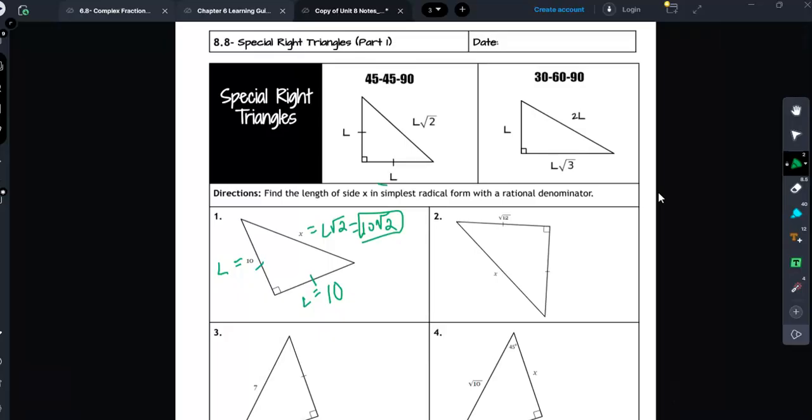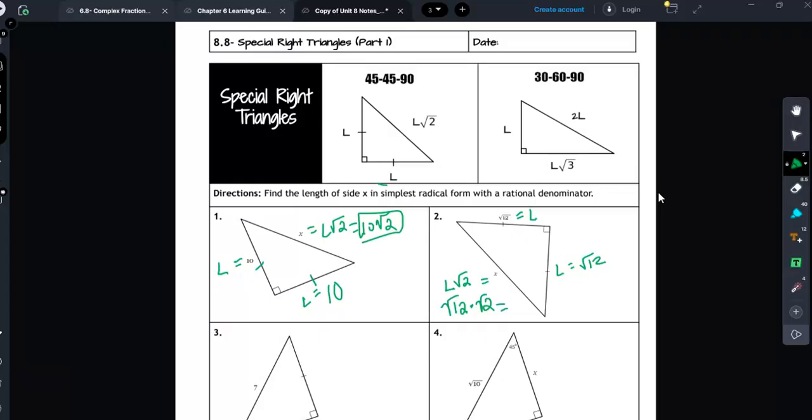Okay, so we have a 45, 45, 90. We are given a leg. The leg is equal to the square root of 12. So this means this leg is equal to the square root of 12. This means x is equal to L square roots of 2. L is equal to what? L is equal to square root of 12.